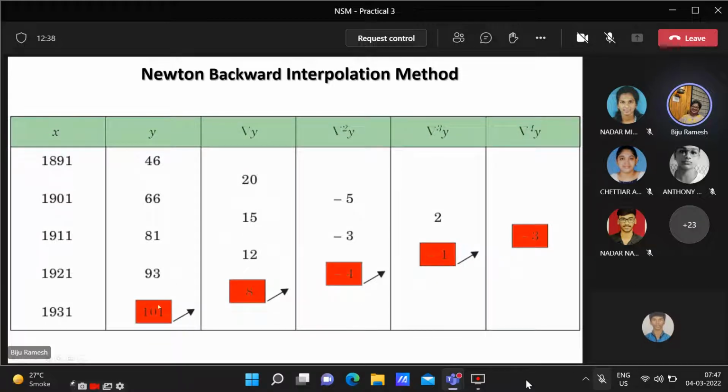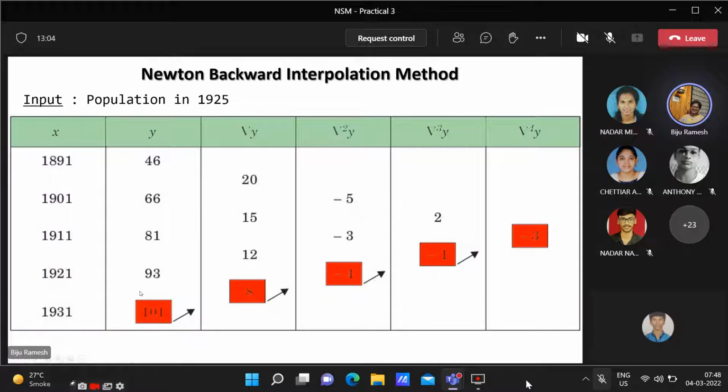The one that is colored in red, these are the values we'll be taking in the formula. Okay, so now you have to find the population in the year 1925. Okay, so it is between 1921 and 1931. So you should get a y value which is between 93 and 101. So you are on the right track.